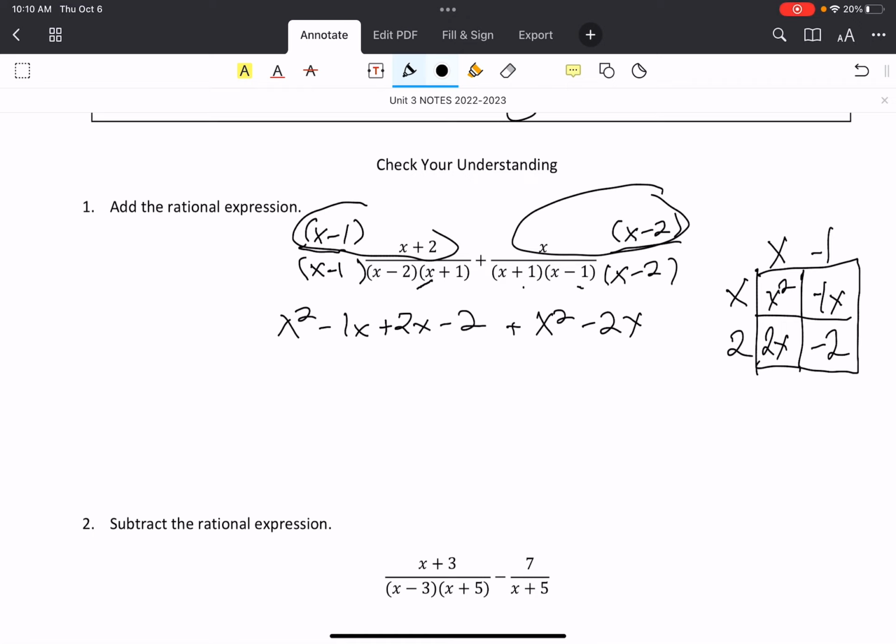Now you can combine these when you put them over. So 2 minus 1 will give you 1.